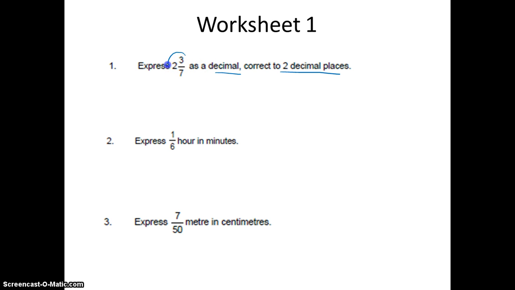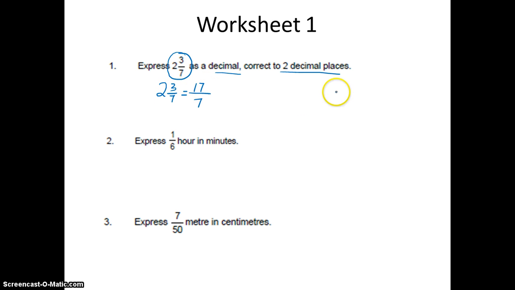So first, we need to express this 2 and 3/7 as an improper fraction. 2 whole and 3/7, we will get 17/7: 2 times 7 is 14, plus 3 is 17.